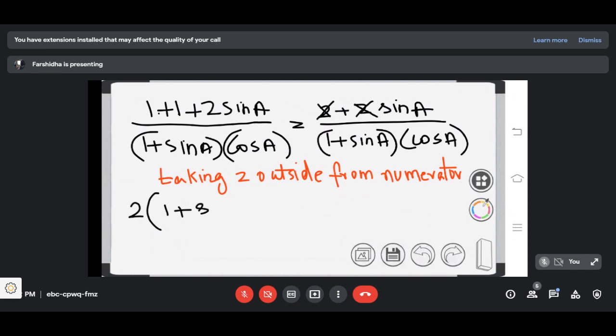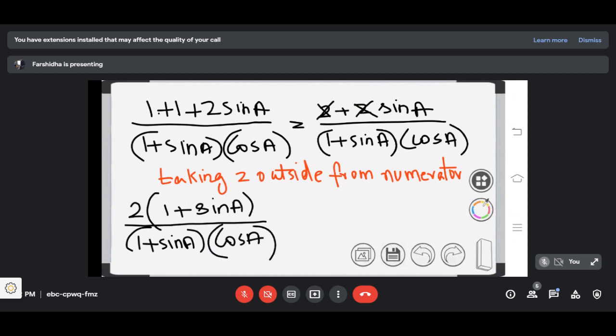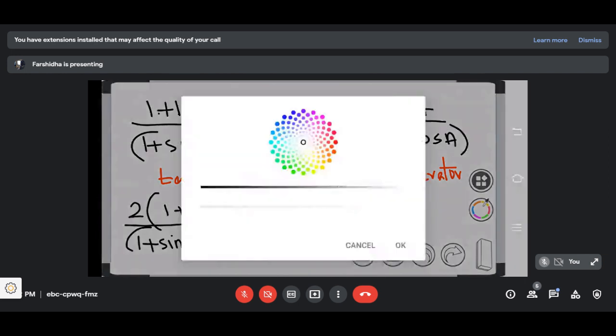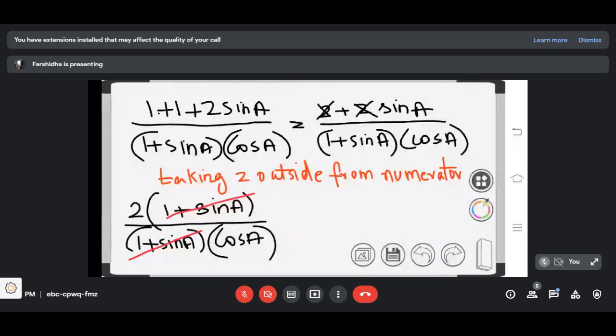Sin A. 1 plus sin A divided by 1 plus sin A into cos A. So 1 plus sin A, 1 plus sin A cancel. What is left in the denominator? You have cos A left.